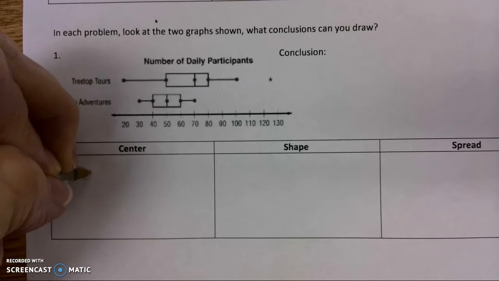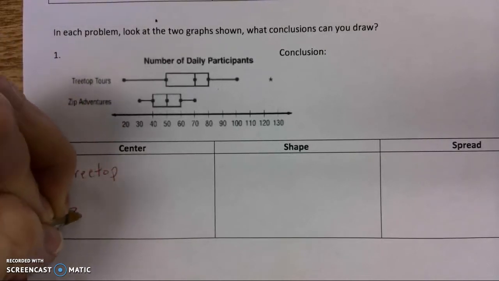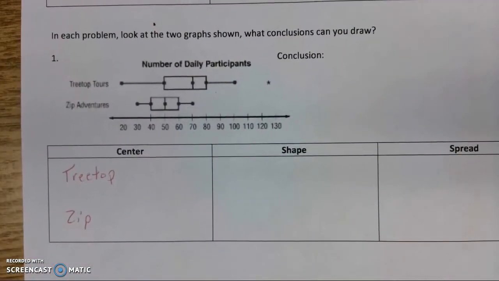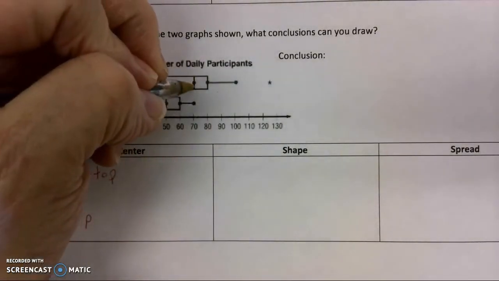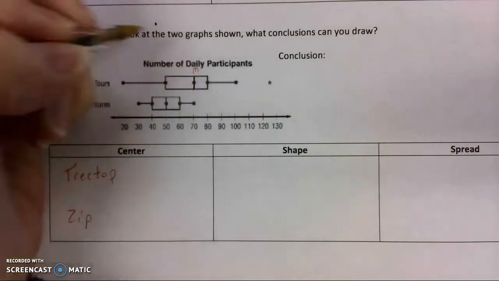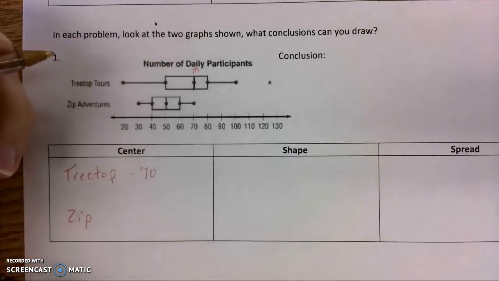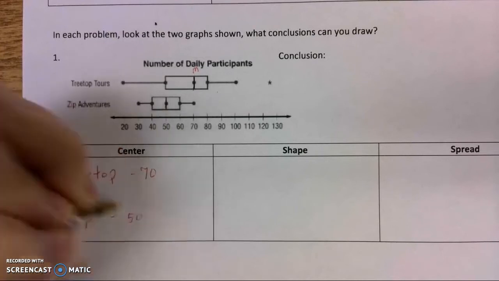I'm going to need to find the median of Treetop, and then the median of Zip. I have to use median because remember, a box and whisker divides a graph by the median. So when I go to Treetop, right there is my median. For Treetop, my median is 70, and for Zip, my median is 50.